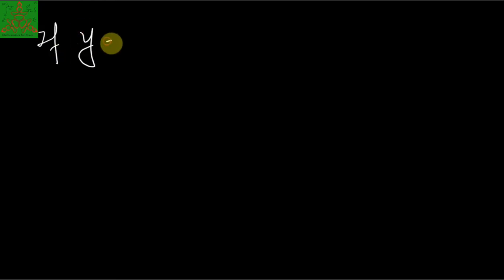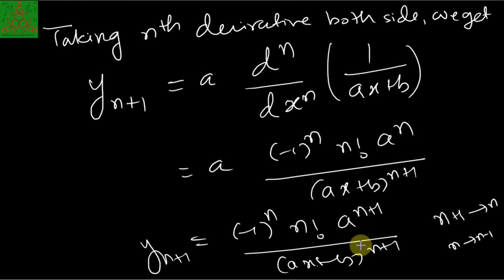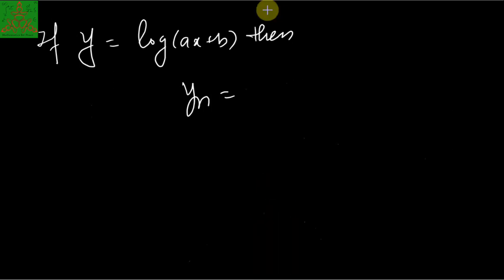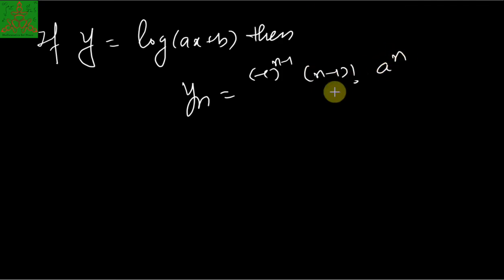So if y is equal to log (ax plus b), then yn will be minus 1 raised to n minus 1, factorial n minus 1, because it is n factorial, then it is a power n plus 1, but instead of n plus 1 we replace n, so it is a power n upon (ax plus b) power n.